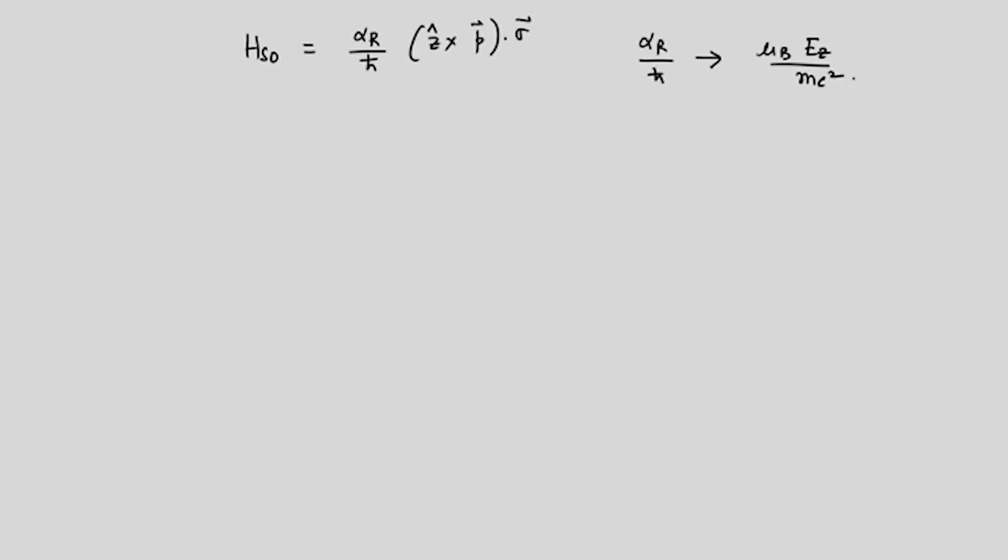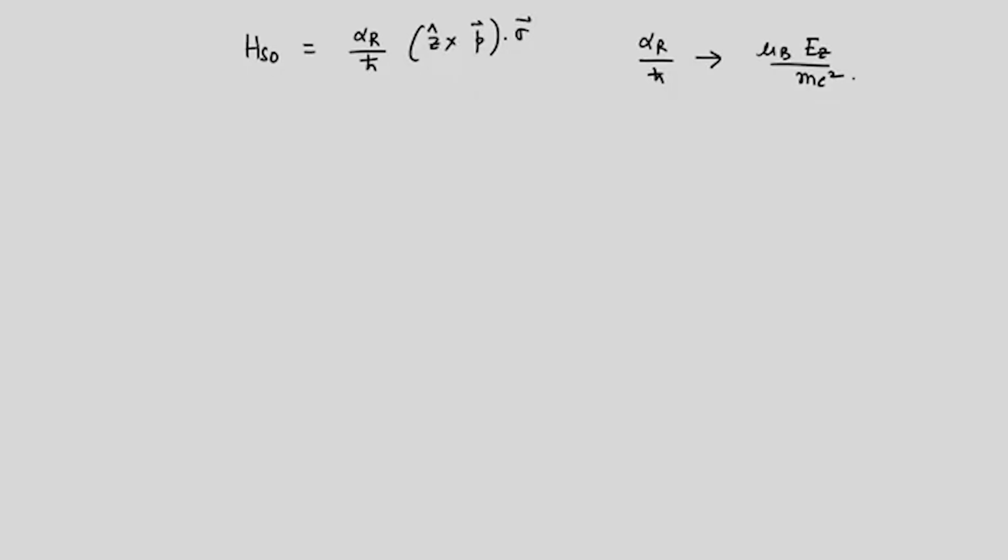Usually when we write a graphene Hamiltonian, we denote sigma to represent the sublattice degrees of freedom, but this is real spin. Okay. So this alpha R is actually measurable and can also be enhanced by using gate voltage and various other things, such as heavy adatoms like gold in a graphene matrix, but I will not go into details of that.